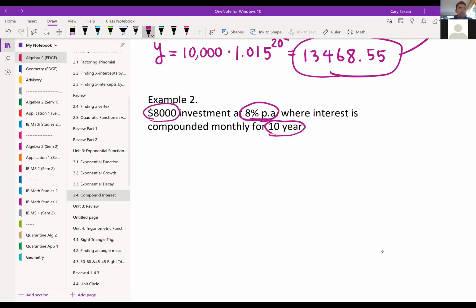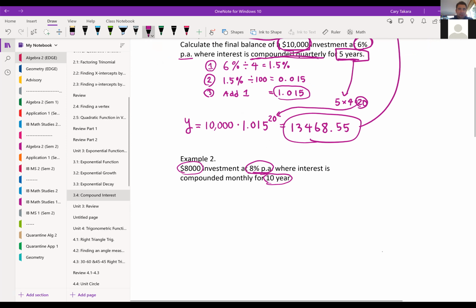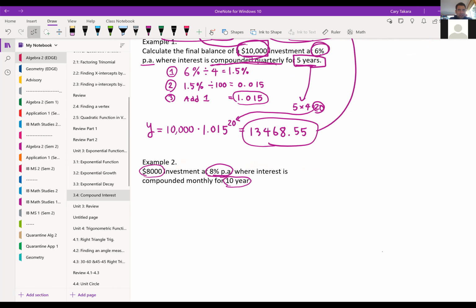So these are the key player numbers. You guys remember the steps? I'm going to let you work on it by yourself. But this one is compounded monthly.